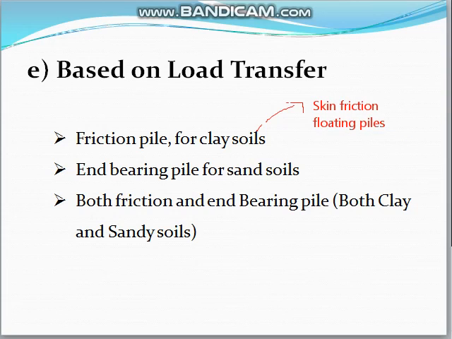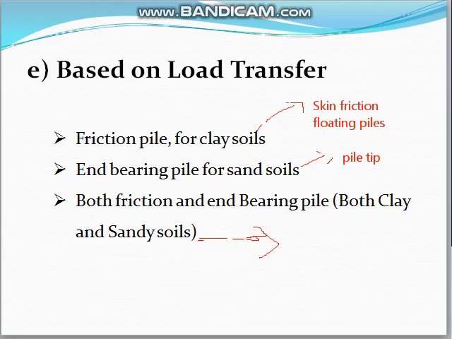Second one, end bearing piles. End bearing piles are used to transfer load through the pile tip to a suitable bearing stratum, passing soft soil or water. And the third one is the combined end bearing and friction pile.